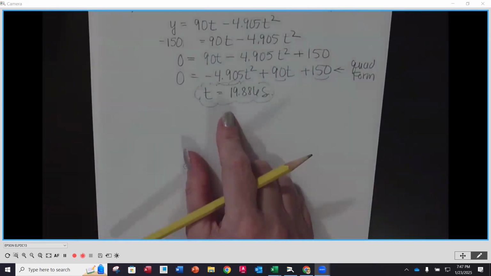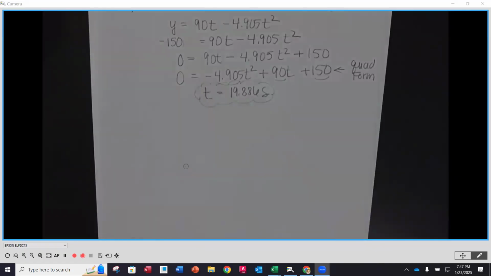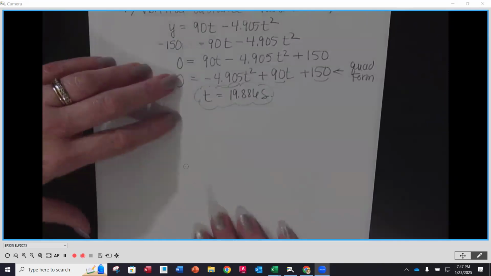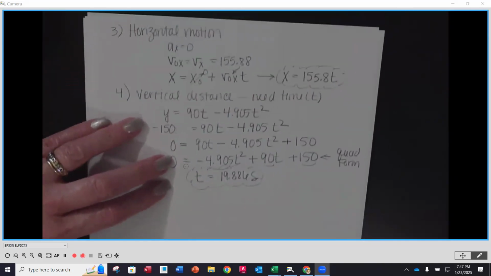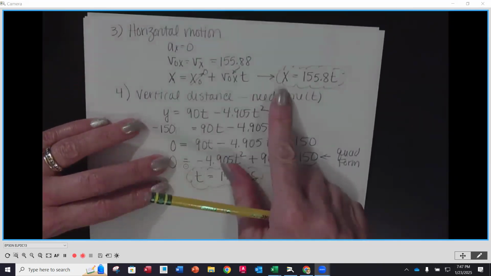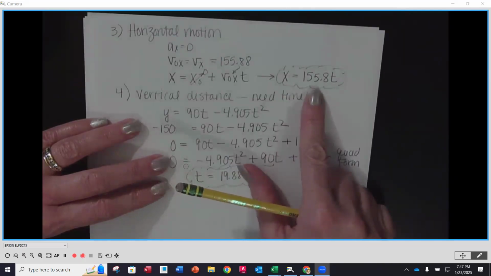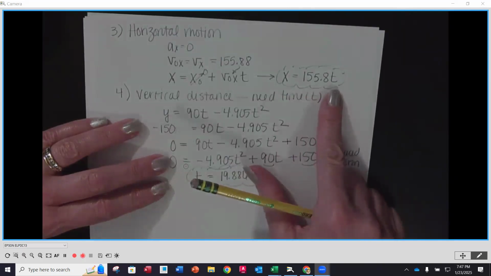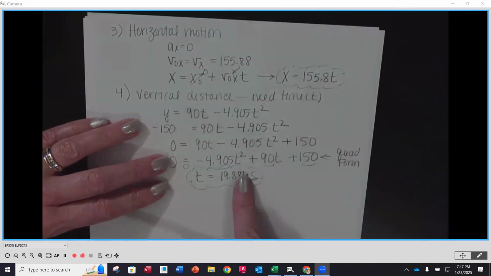Now that I know this time, I can figure out what my x distance is. If I go back to my horizontal motion, just above here, I can calculate my x value by using 155.8 times the time, the time that we just calculated.